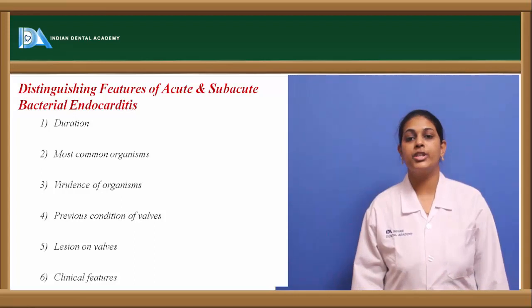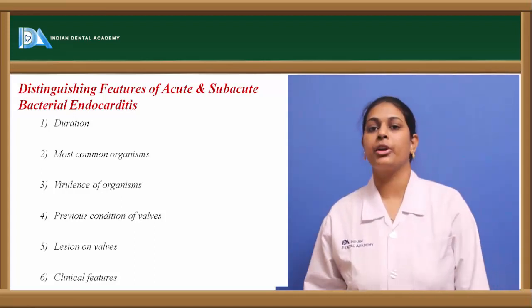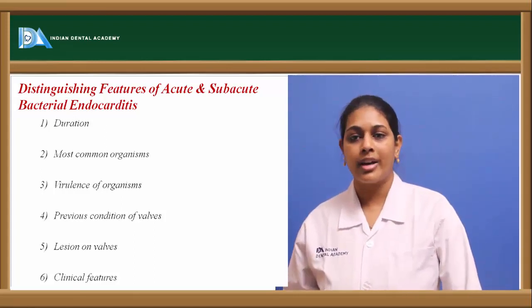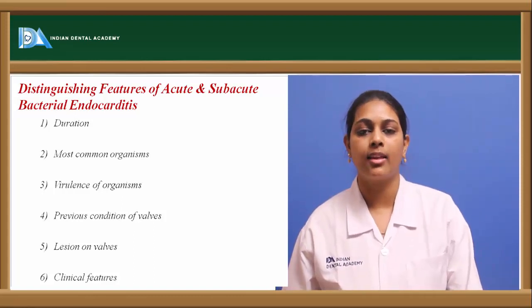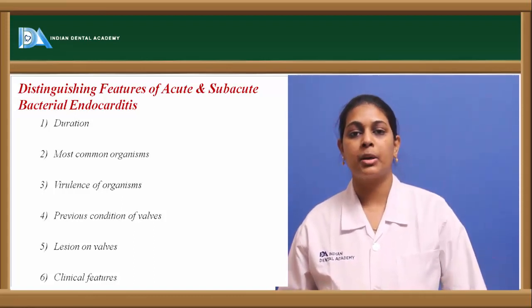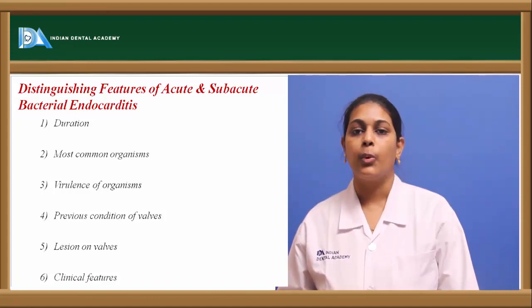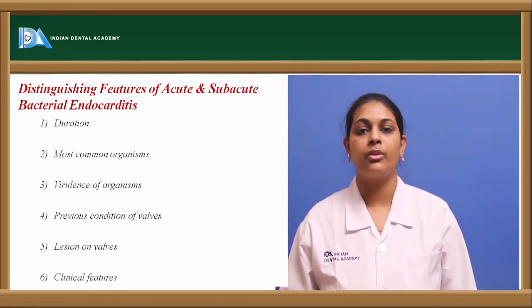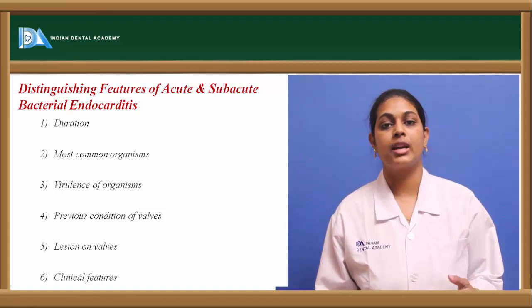The clinical features which differentiate acute from subacute bacterial endocarditis: in acute bacterial endocarditis, the patient usually shows systemic manifestations such as fever, weakness, fatigue, muscular weakness or reduced physical activity.